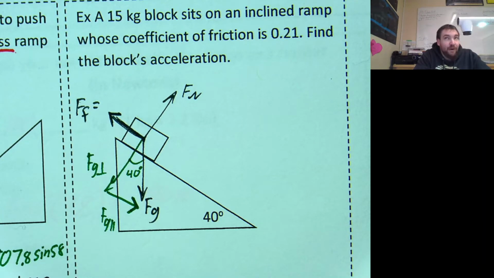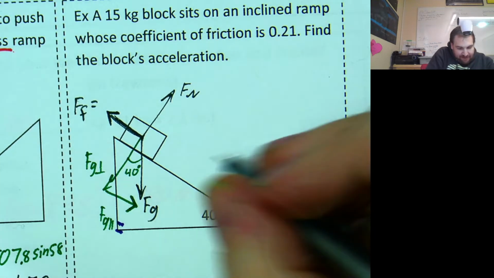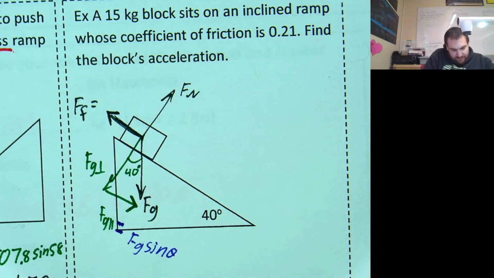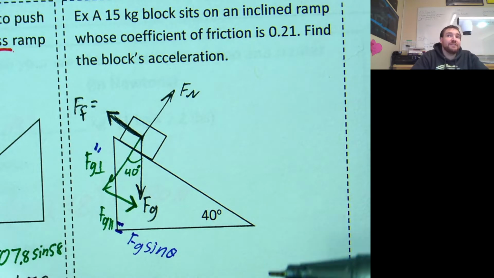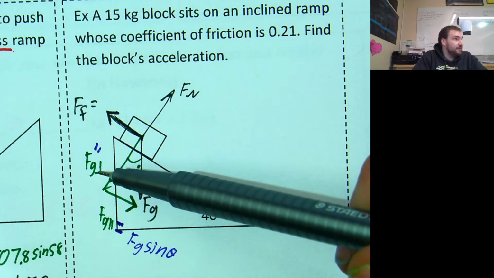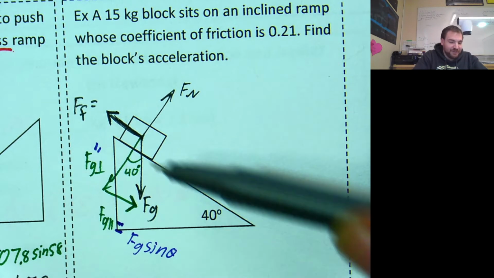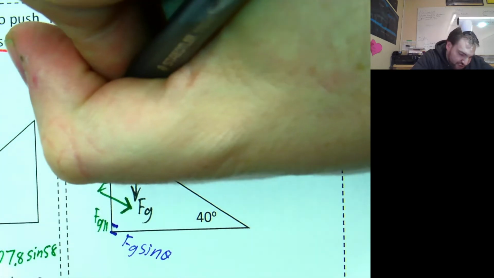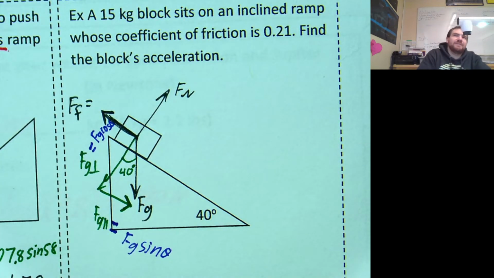So Fg parallel is going to be Fg sine theta, which means Fg perpendicular, which we've never had to find, what is it going to be? If this one uses sine, which one is this one going to use? Cosine. Correct, because I'm using the hypotenuse, and now this side is adjacent to this angle. So this one's going to be Fg cos theta. I don't have enough room to actually put the values in there, so I'm not going to yet.